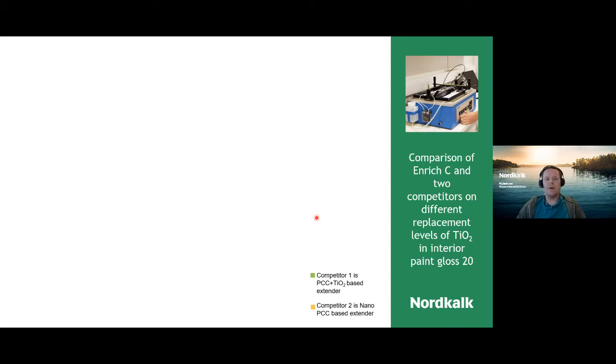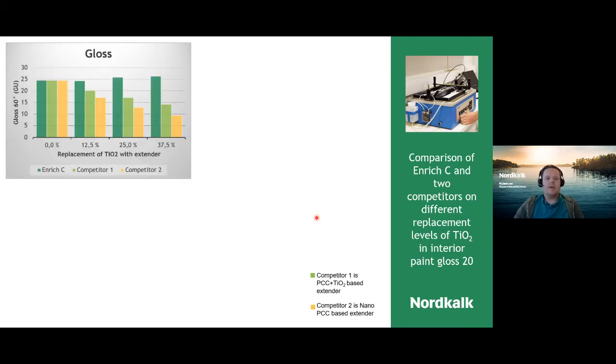There can be some organic titanium dioxide extenders as well. Here we have picked two competitors, and now we look at the gloss at the replacement levels of titanium dioxide.